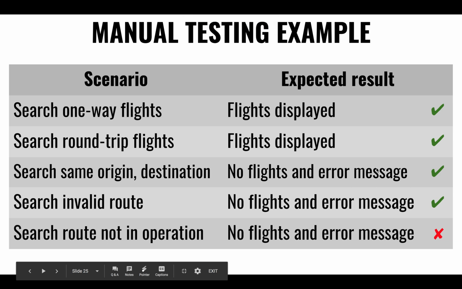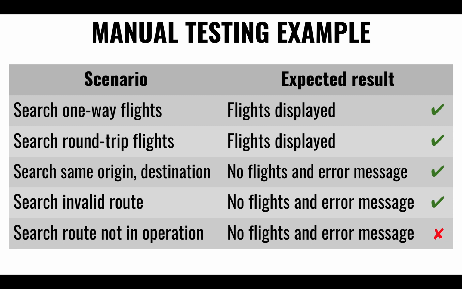So this is a list of all the scenarios that we're going to be testing, right, and the statistics on whether they have passed or failed, what the expected results are, and so they might have a really long catalog of what it is that they're going to be testing.